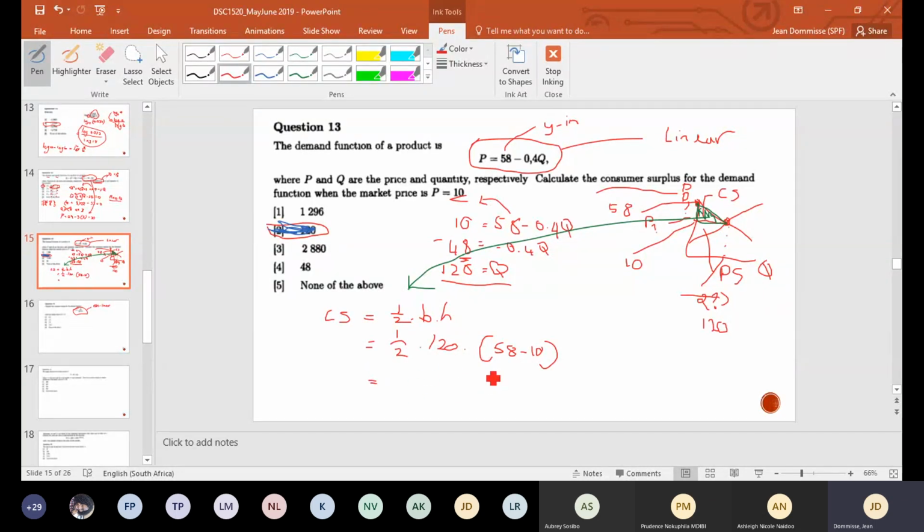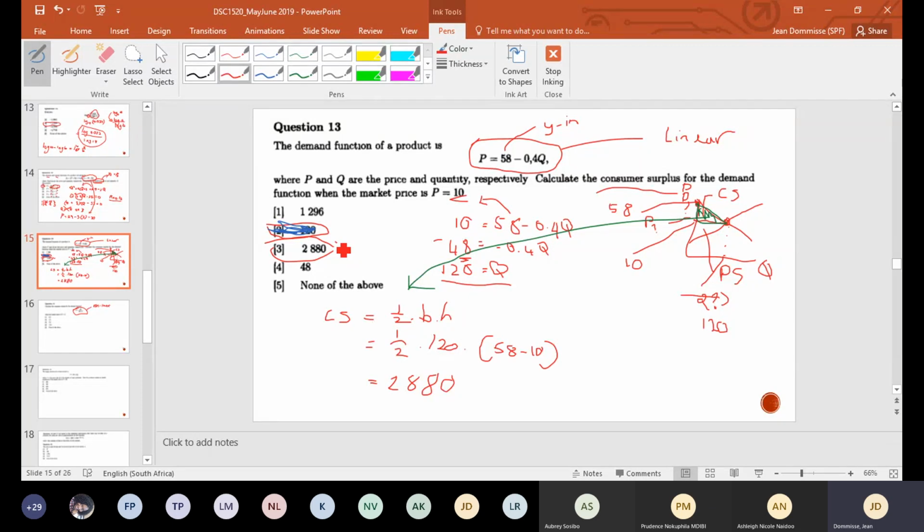If you multiply that out, half times 120 times 48 gives you 2880. And then option 3 will be the correct option.